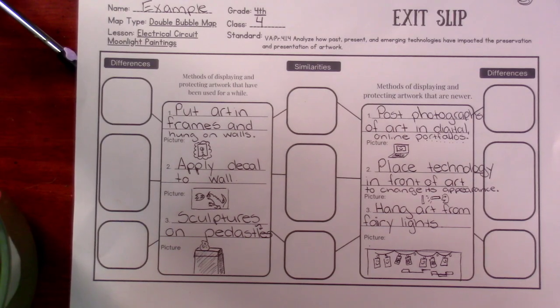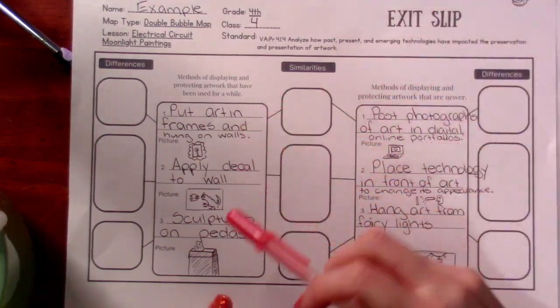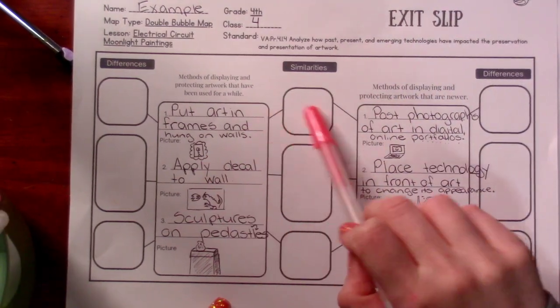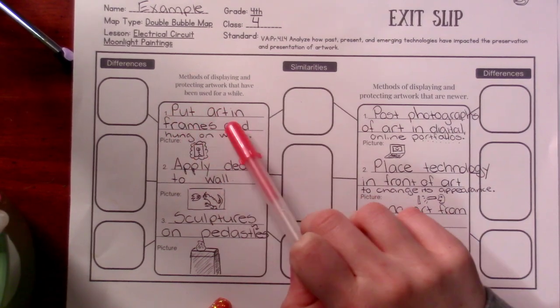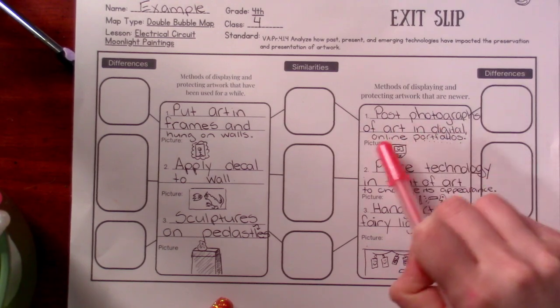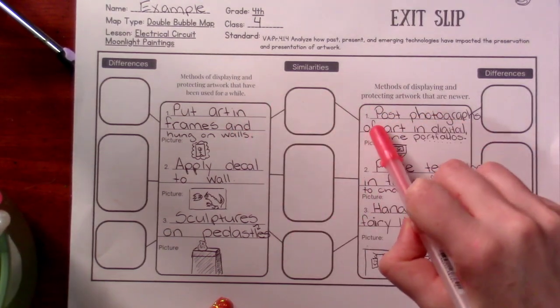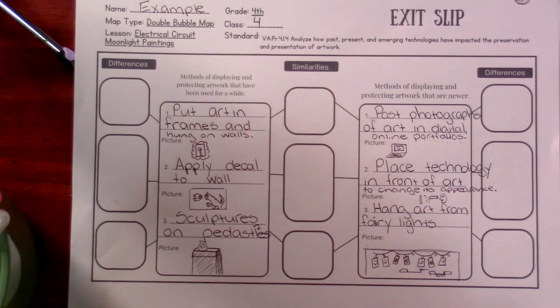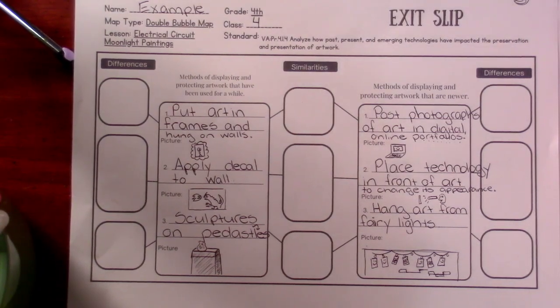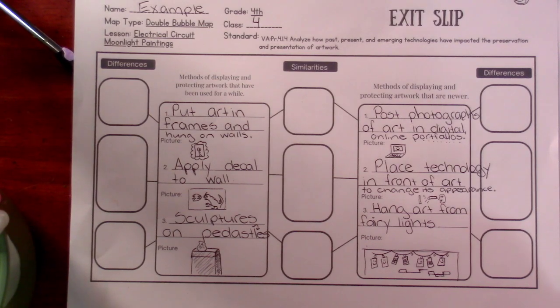So first, let's look at number 1 over here and number 1 over here. Who can tell me what a similarity between put art in frames and hang on walls and post photographs of art in digital online portfolios has in common? How are they similar? Okay, so they both have to do with showing people art.